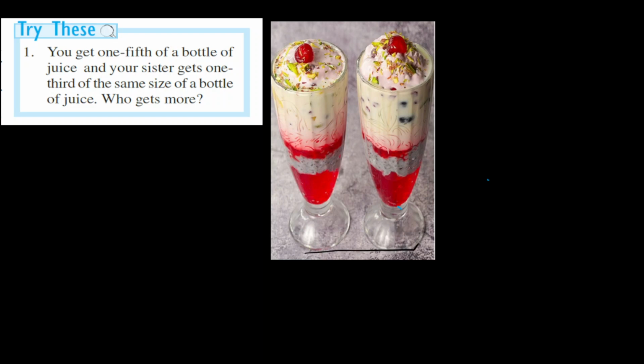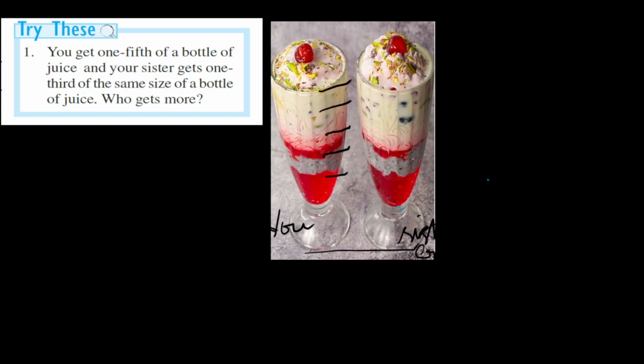So suppose this is the 1/5 bottle. So we are dividing this bottle into 5 equal parts. These are the 5 equal parts, and this is your bottle, and this is your sister's bottle.